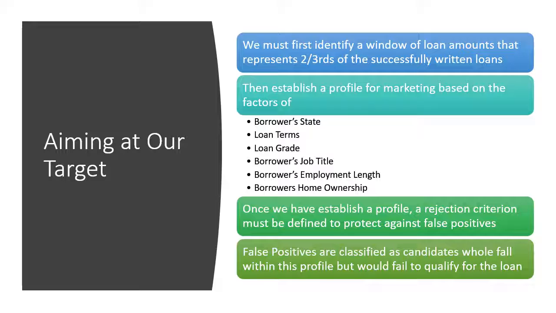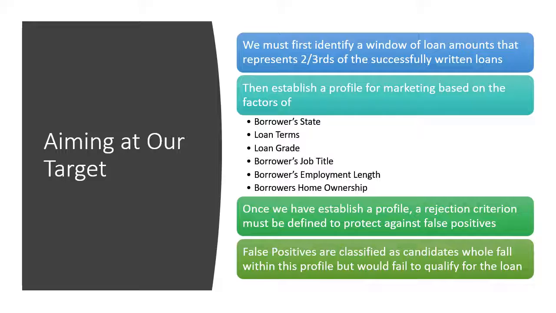Once we've established the marketing profile, we will then use the rejected loans that fall within the criteria of our marketing profile to establish factors that would result in individuals being included in the target marketing profile, but then failing to qualify for the loans.